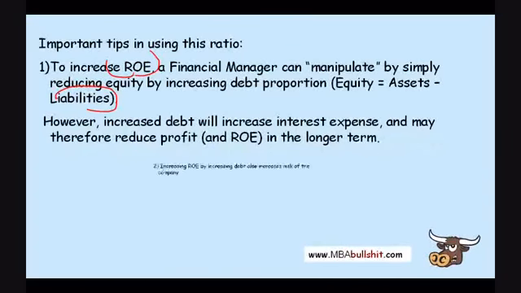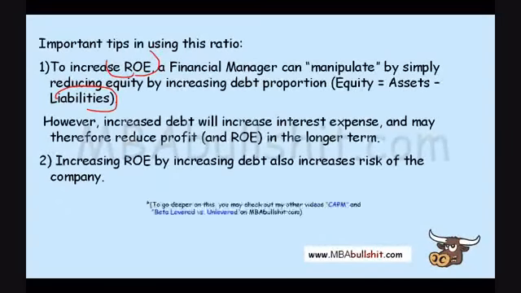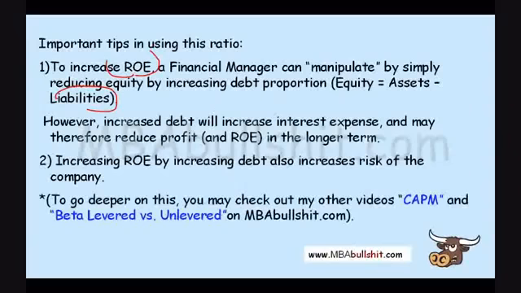The second tip I'd like to share is that increasing ROE by increasing debt also increases the risk of the company, because higher debt also means higher risk. Now, if you'd like to go deeper into this concept, I suggest you look at my other videos on MBA Bullshit, on CAPM, or the cost of equity, and another video on levered versus unlevered beta.